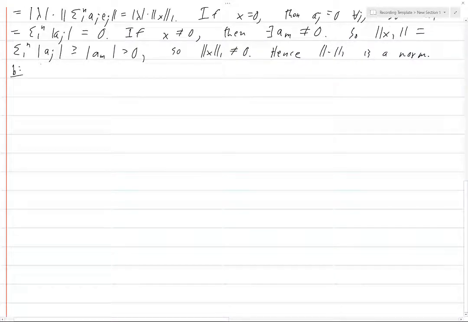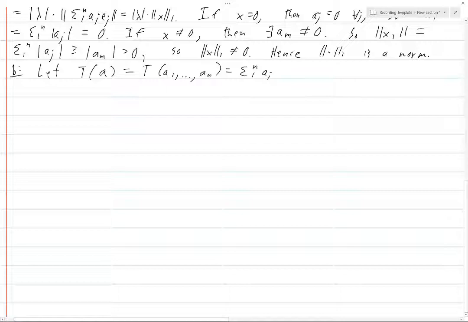Part B, we'll call it T, T of a1 through an equals the sum from 1 to n of aj ej.